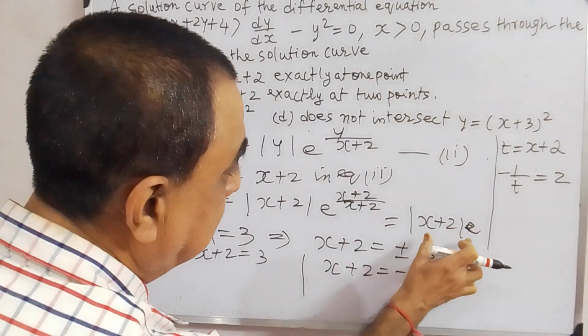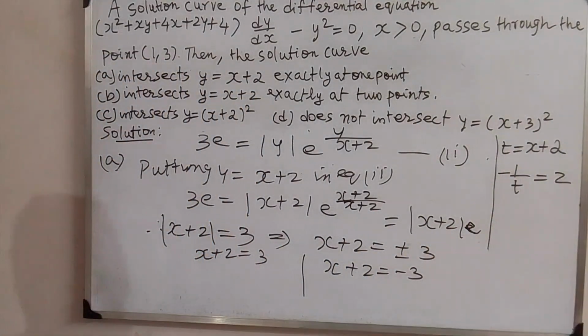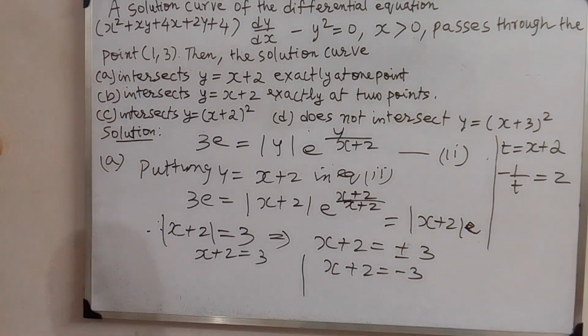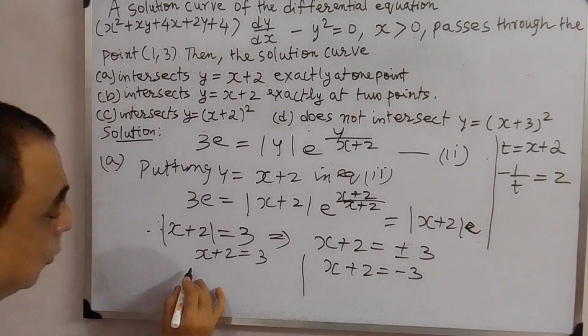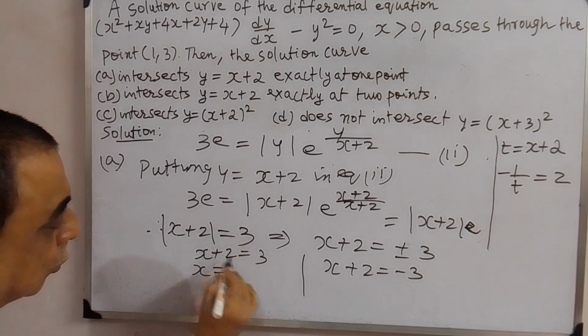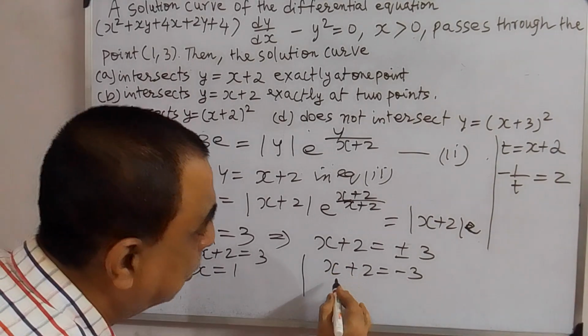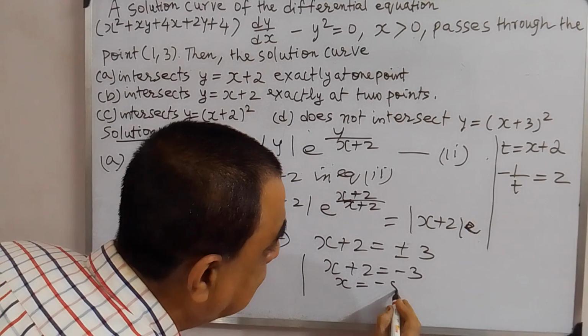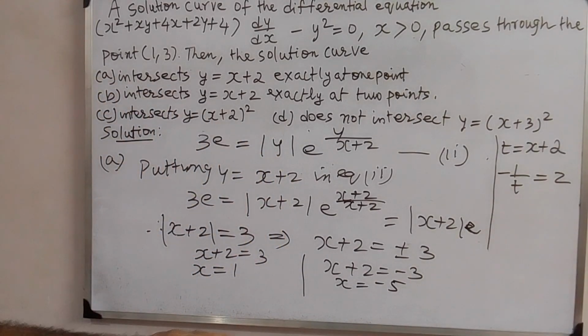So we have equated mod of x plus 2 with 3, so x plus 2 will be plus minus 3. So we are getting two values of x. From here, 2 going that side, 3 minus 2 is 1. And from here, plus 2 going that side is minus 2, so minus 3 minus 2 becomes minus 5.